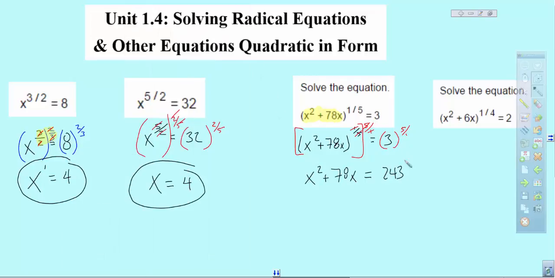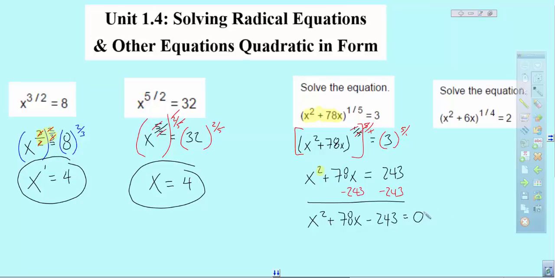At this point, you say to yourself, okay, that looks like a quadratic because I have a degree of 2. If I have a degree of 2, I move everything to one side, so I subtract 243. And now I'm back to what we've been doing, and what we will be doing throughout the rest of this class, and that is factoring.